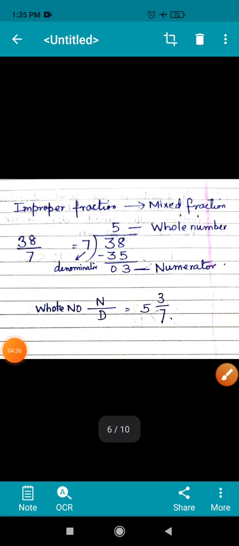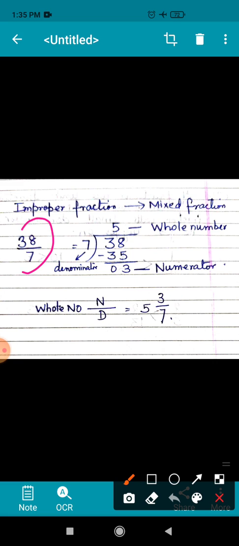Now, children, here I have taken one more example. The improper fraction is 38 by 7. When you divide 38 by 7, it goes 5 times, comes 35, and when we subtract 35 from 38, it comes 3. 5 is the quotient, that is the whole number. 3 is the remainder, that is the numerator, and 7 is the denominator.